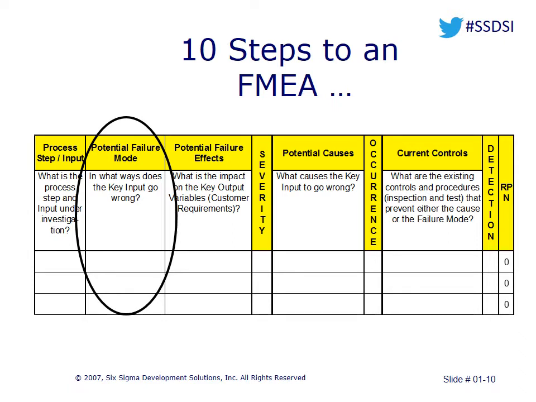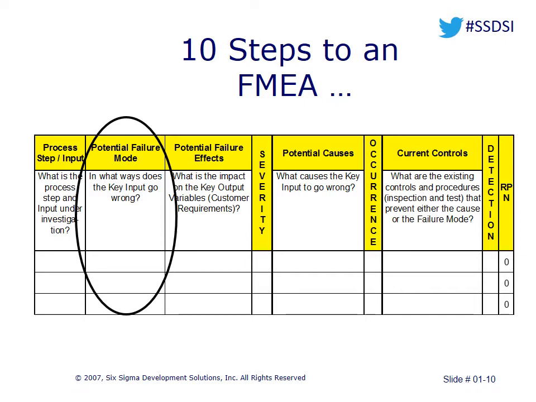So I could have step 1. In this case, let's take it back to the scenario. I could have the step being setup, and the input is the work instructions. I could have another input to the step, again setup, and it could be construction of the peanut butter and jelly sandwich.